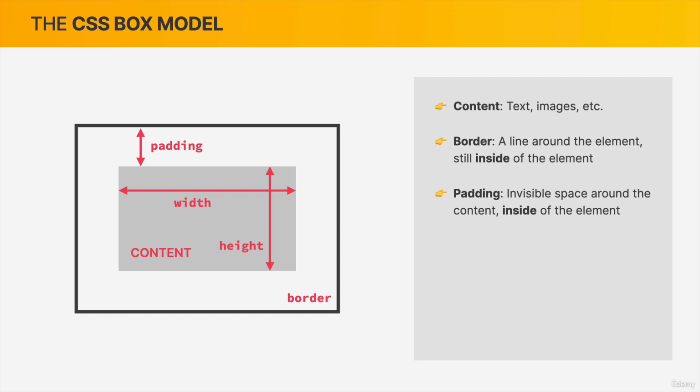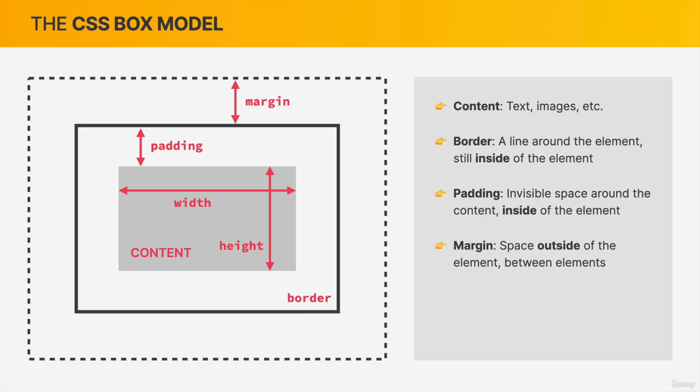Then, similar to padding, we also have margin. Now the difference is that margin creates empty space around the element, so outside of the element itself. So in practice, we use margin in order to create space between elements on our page. So if, for example, we want space between two certain elements, we simply specify the margin property on one of them.